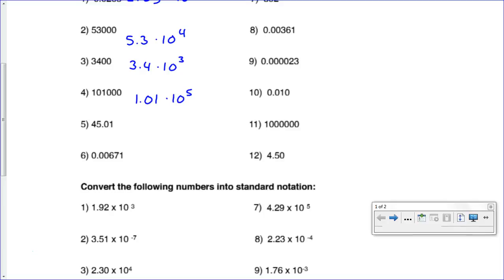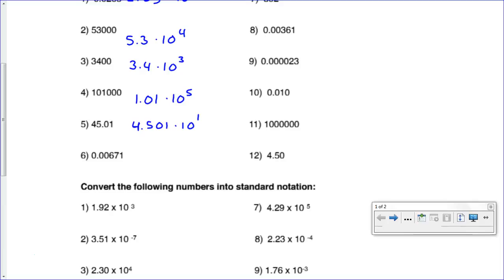But when we say big number, we really mean larger than 1. So 45 is a big number, and we're going to have a positive exponent here. We would just move it over 1 spot, though. So 4.501, there you see that only has 1 non-zero digit to the left of the decimal point. So moved it over 1 spot, and it's a big number, larger than 1. So 4.501 times 10 to the first.